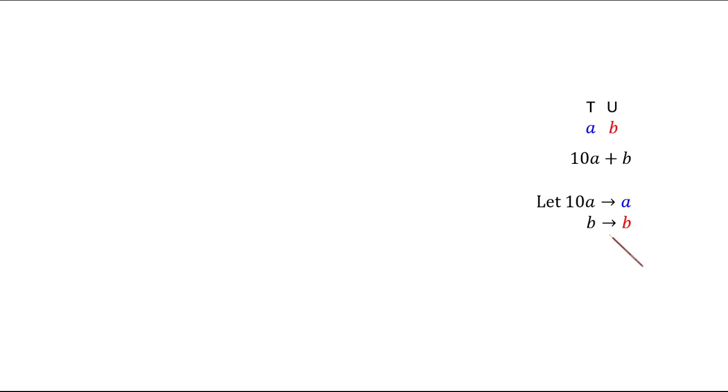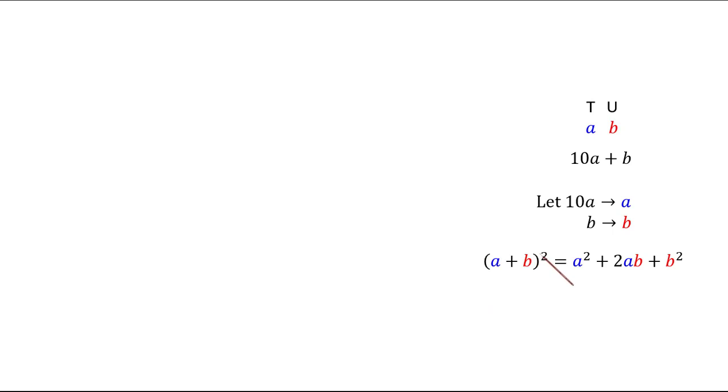So why are we doing this? We are doing this just to tell that a will have a place value 10 times more than b. So b could be in the tens place, then a would be in the hundreds place. If b is in the 1/10th place, then a would be in the units place. But for now, let us consider a to be in the tens place and b in the units place.